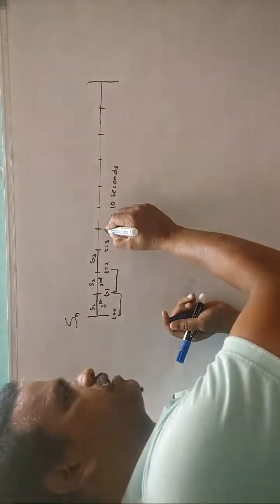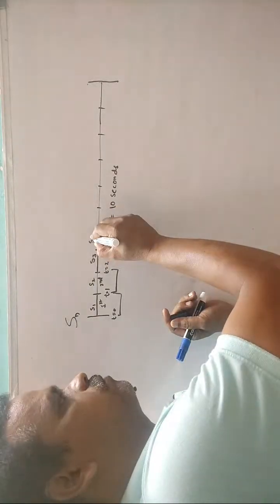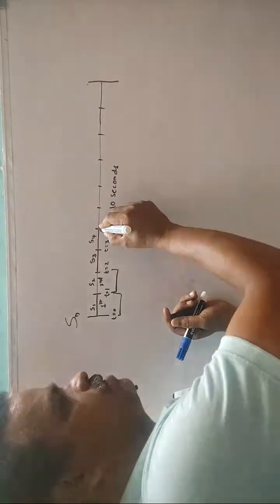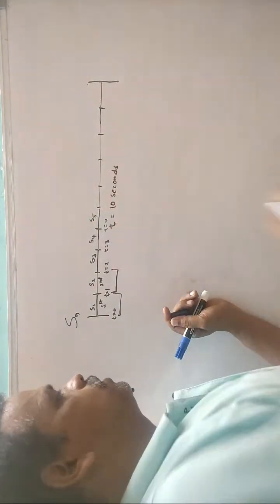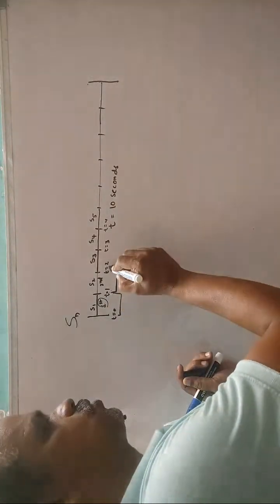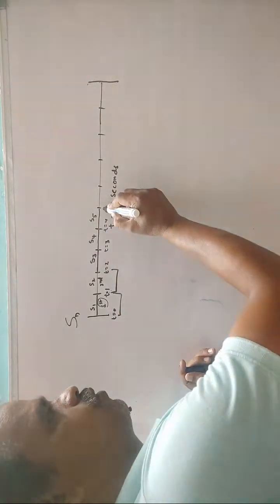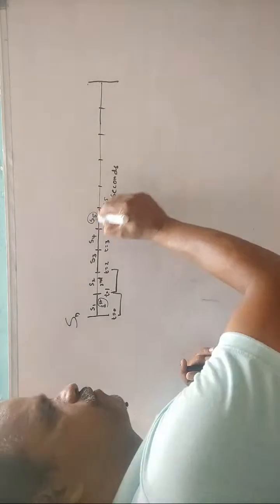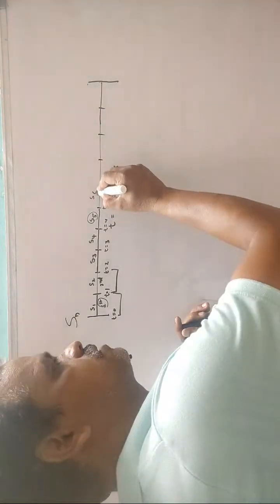Then in the fourth second, S4. This is the fifth second, S5. So the first second is 0 to 1, the second is 1 to 2, the third second is 2 to 3, the fourth second is 3 to 4, the fifth second is 4 to 5. Then t equal to 6, S6.